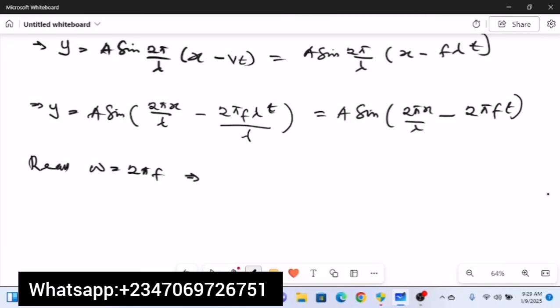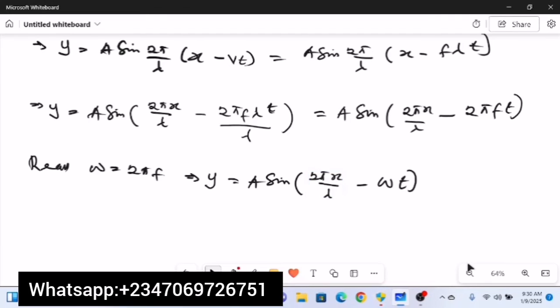So this implies that our vertical displacement y is going to be equal to A sine of 2 pi x all over lambda minus, in place of 2 pi f, omega t, where omega is our angular velocity, t is the time in seconds, and of course A represents the amplitude, which is the maximum vertical displacement, lambda is our wavelength, and x is the horizontal displacement.